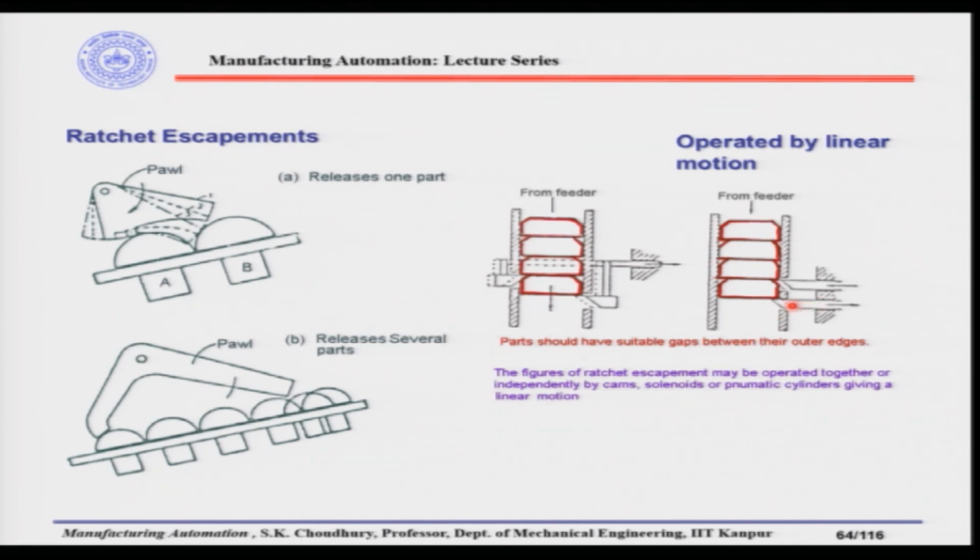When this comes in and that goes out, all the parts will be stacked on this, and then this will again go in to hold the part, and the other part will be released. So, the ratchet escapement figures may be operated together or independently by cams, solenoids or pneumatic cylinders giving a linear motion, either to both or to one of them.